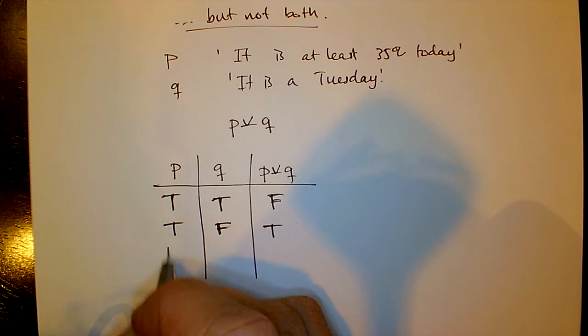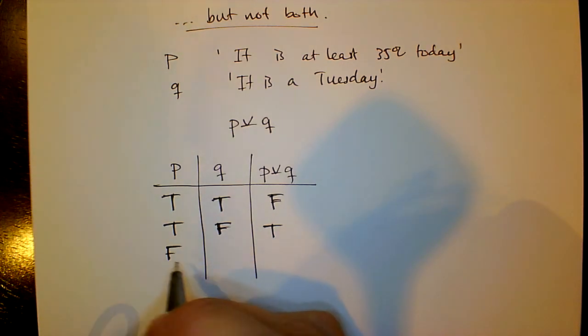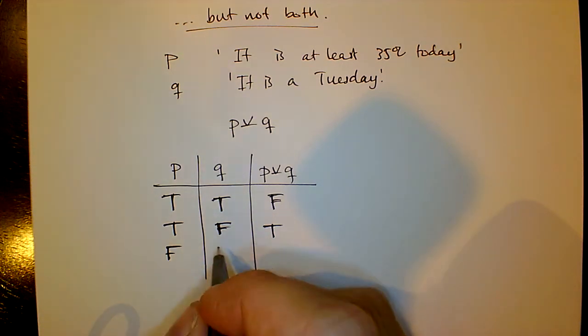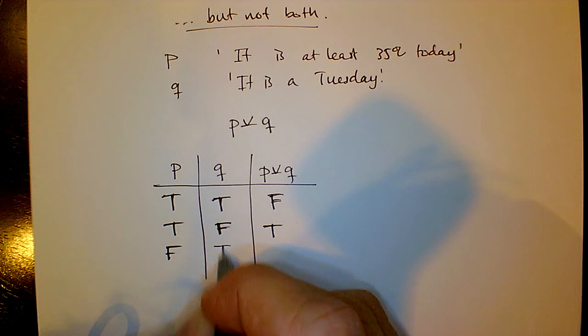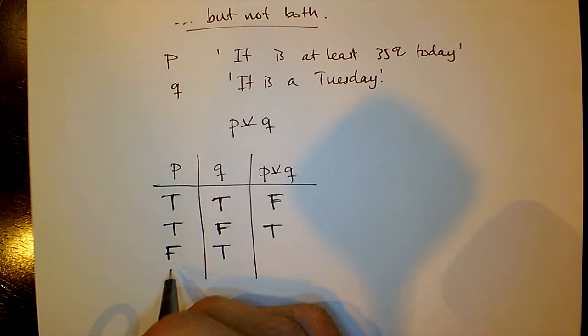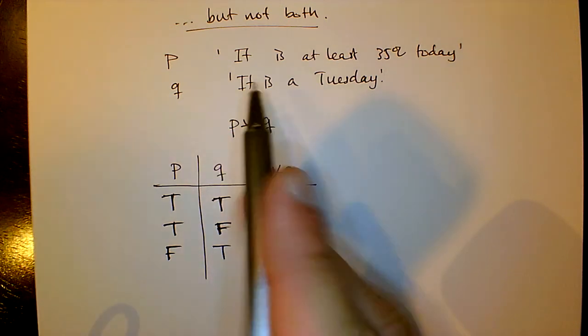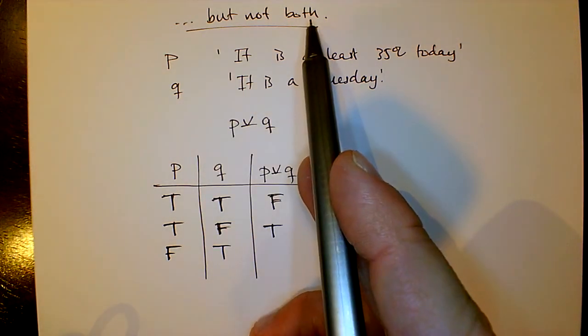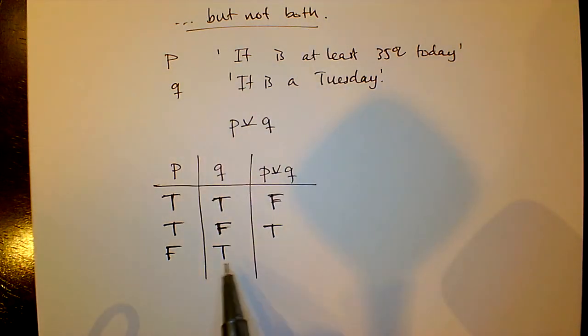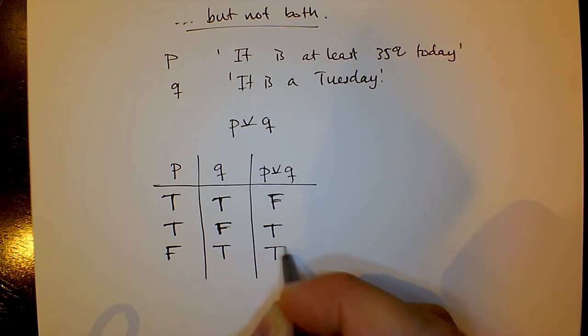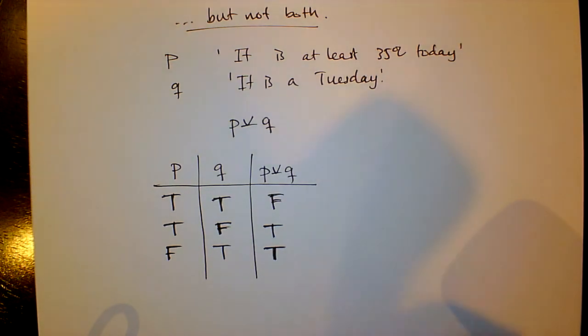If we're then looking at the case where it is less than 35 degrees Celsius today, but it is actually a Tuesday, so it's not at least 35 degrees Celsius, but it is a Tuesday, so this is true. Then again, it's not both of them that are true, but at least one of them. So then this must be true as well. The exclusive disjunction must be true.